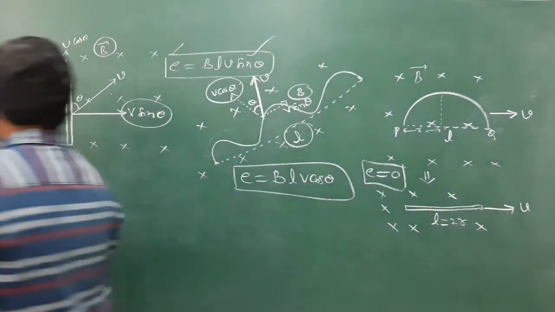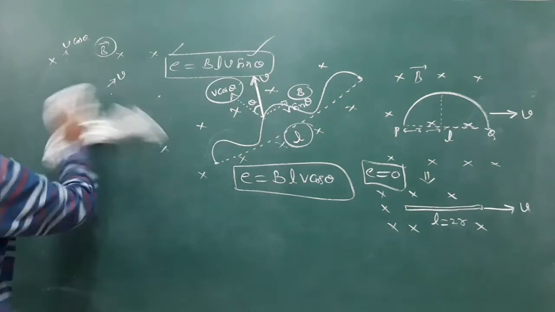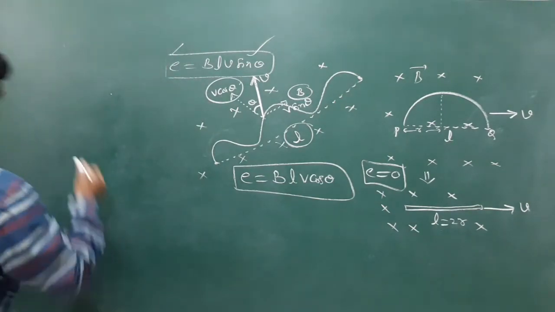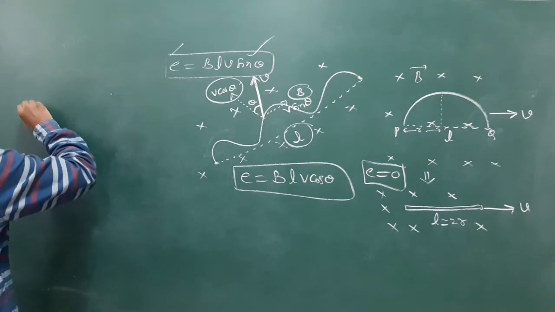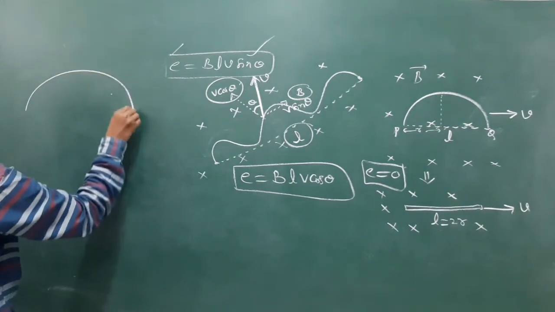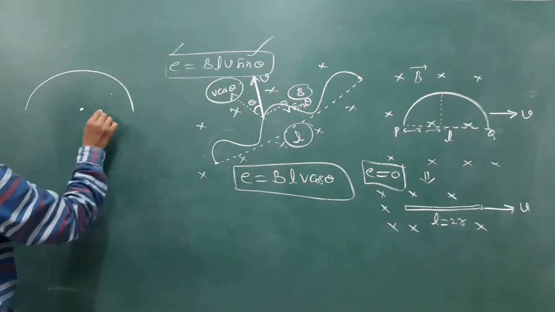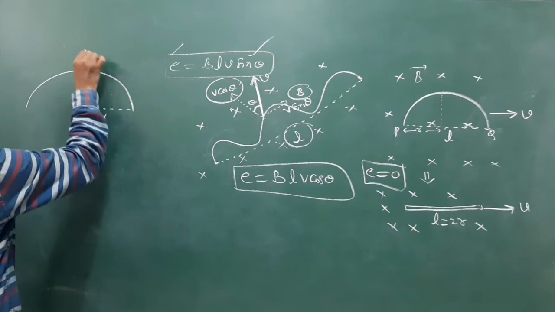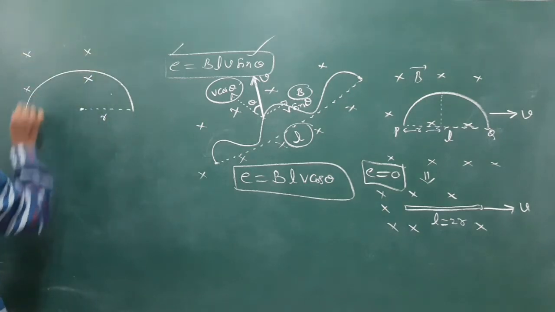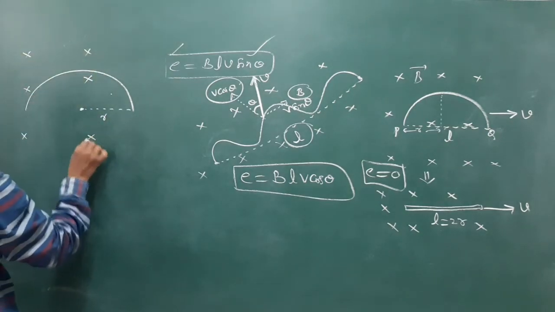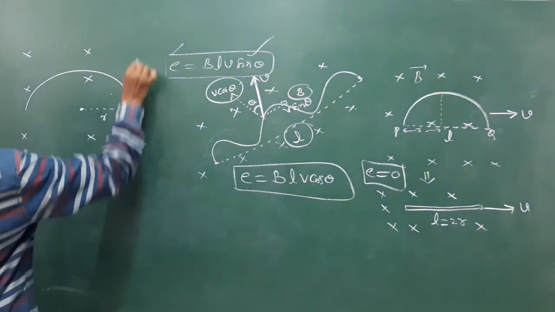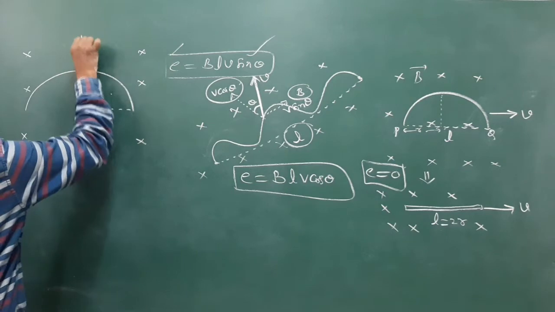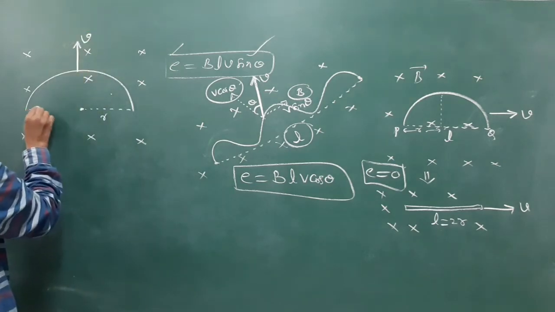Yeah, I'll give you one more question. Again, a semicircular wire whose radius is r, and there will be an inward field. Now the wire is moving upward, let us suppose, with a speed v.